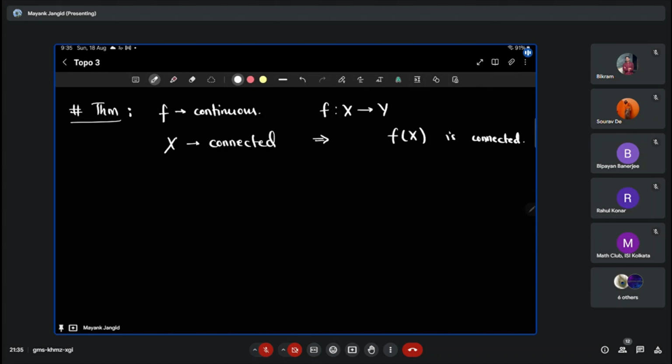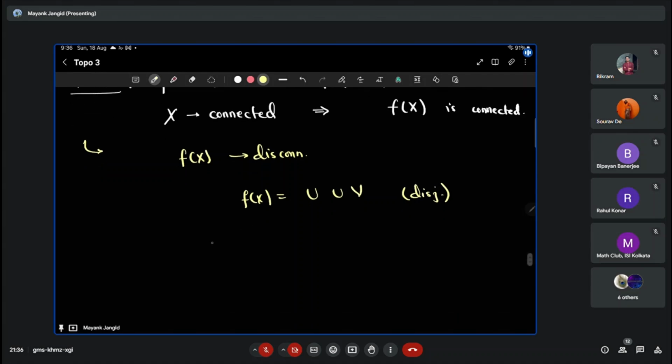This is also very easy to see because say F of X is disconnected. Then we can write F of X as a union of two disjoint open sets U and V. Then if we take the pre-images, F inverse of U and F inverse of V, these two will be disjoint.